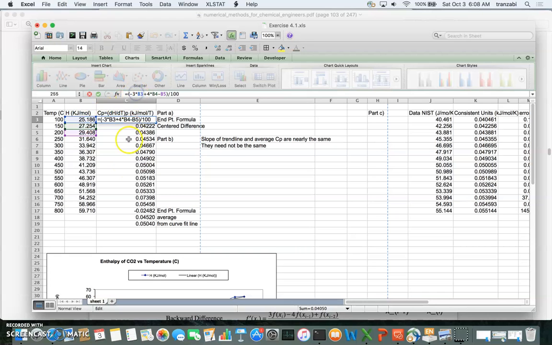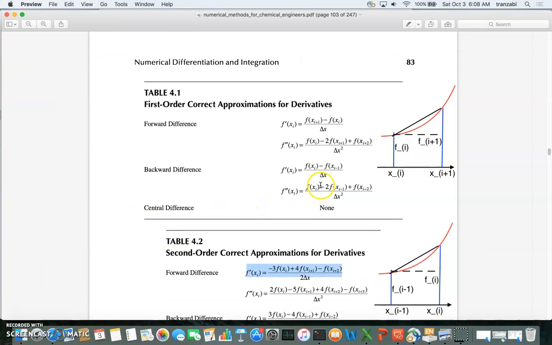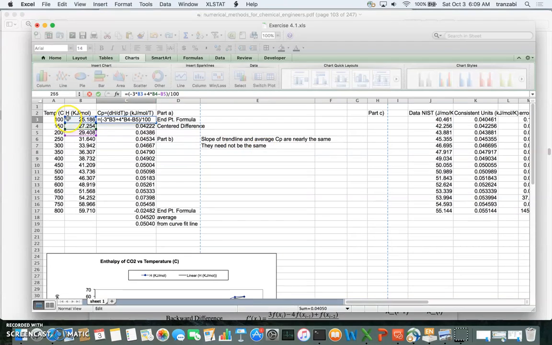And that is exactly the equation for a forward difference with second order approximation, which is this, right? Minus 3 times the current enthalpy plus 4 times the next enthalpy and minus the enthalpy at the next point. And then divide by 2 delta x. So here we have to divide by 2 delta x, which is 2 times 50, right? The difference is 50. 2 times 50 is 100.